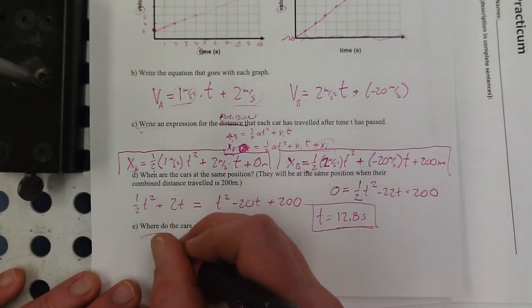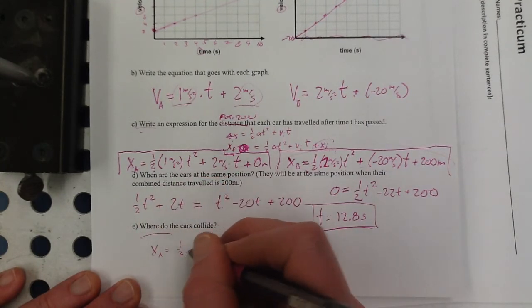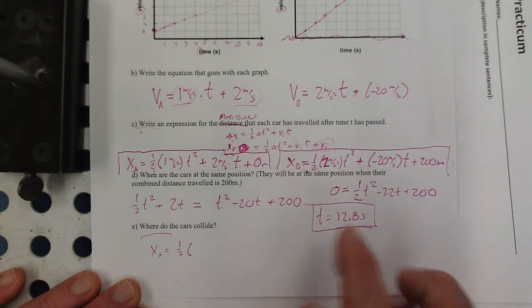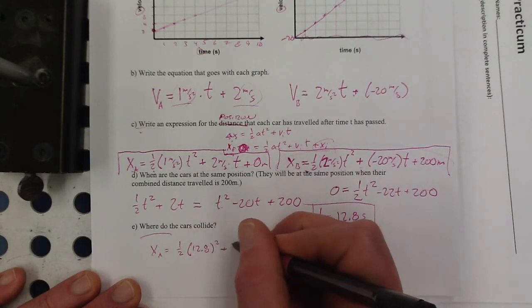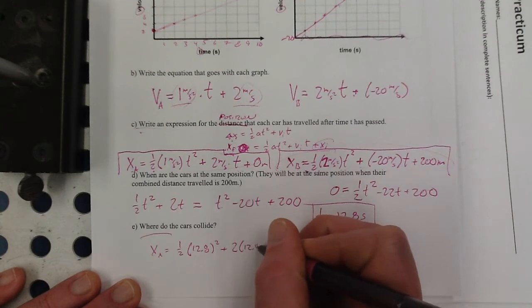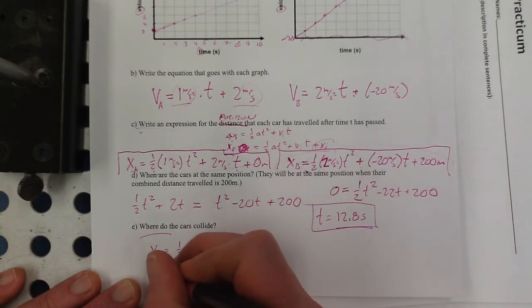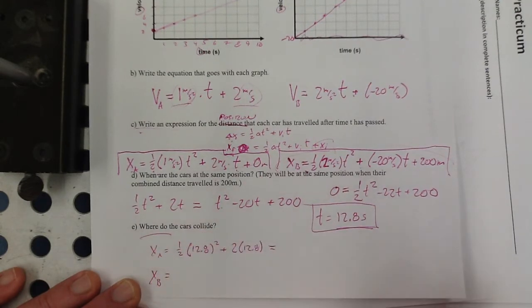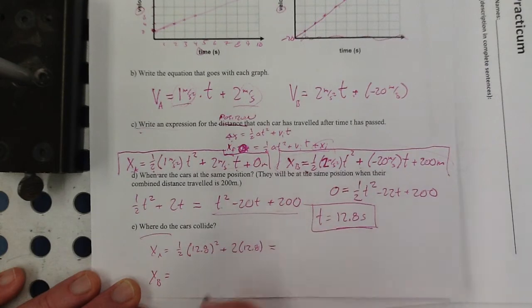So the position of car A would be 1/2, here's my time, 12.8 squared plus 2 times 12.8. Let's plug in the 12.8 into this. And then B, basically I'm plugging it into this, right?